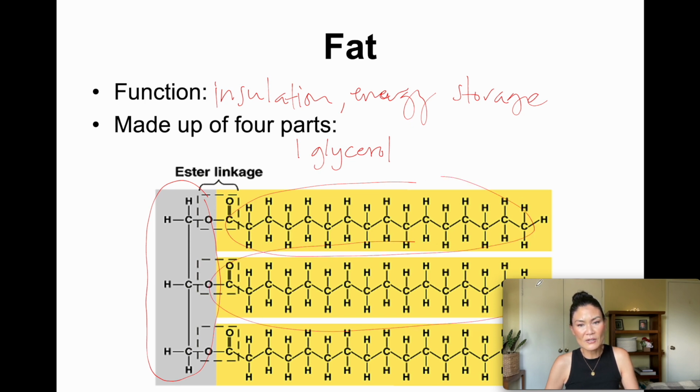And you can see here that these 3 fatty acid chains are made up of hydrocarbons, fatty acids. Actually, over here, part of the fatty acid, you see this is a carbonyl, and then this was actually a hydroxyl group that was part of glycerol. There's some oxygens there, okay?